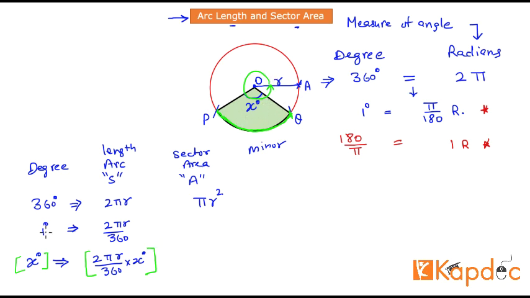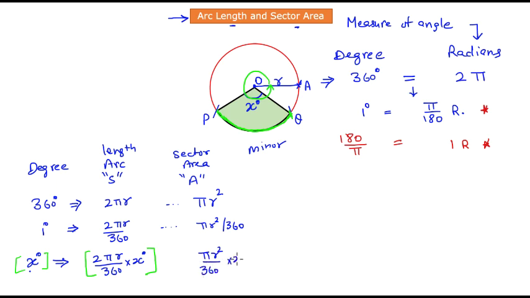When you have just 1 degree, you simply divide this pi r squared by 360. And when you have x degrees of a sector, you multiply both sides by x degrees, and x degrees of a sector created by an arc PQ means an area of pi r squared divided by 360 times x. So this is the expression for the sector area where angle x is measured in degrees.